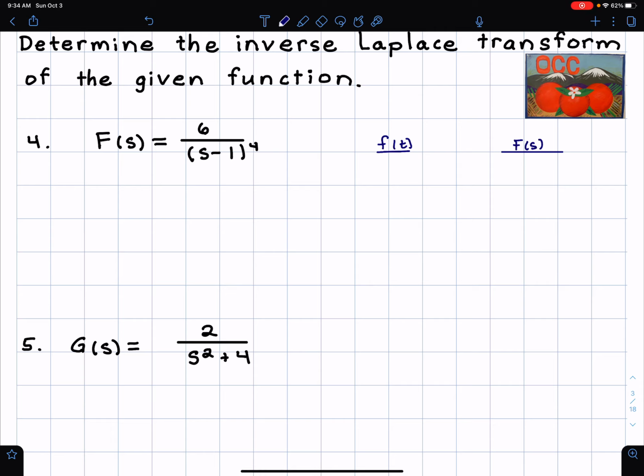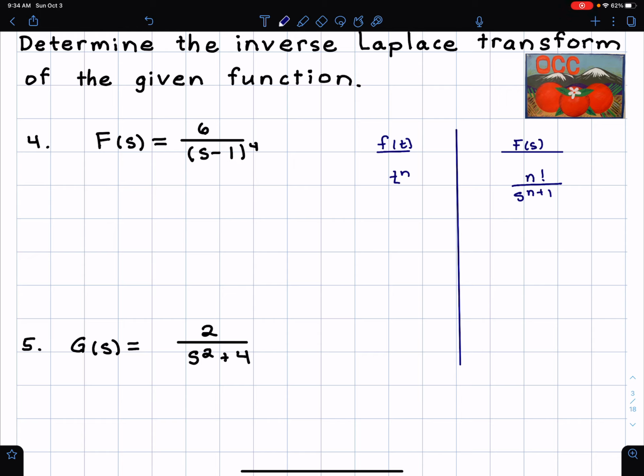One of the things we have is t to the n, whose Laplace transform is n factorial over s to the n plus 1. So you see how this is working? On the left we have the function, and on the right we have the Laplace transform of the function.